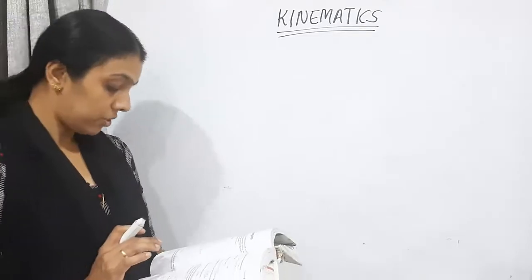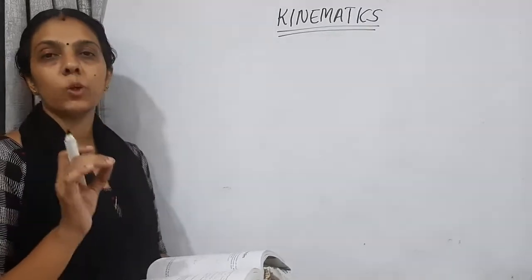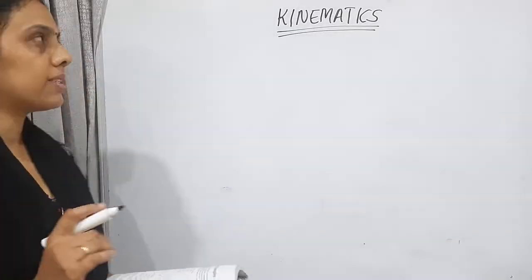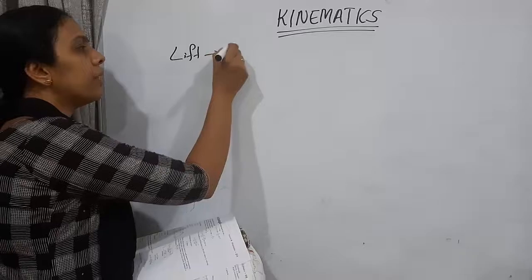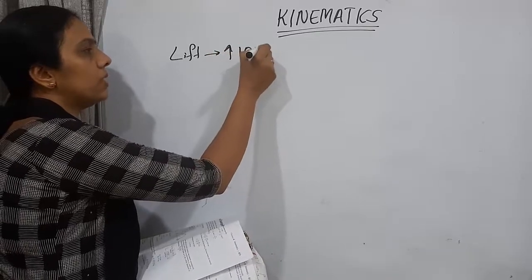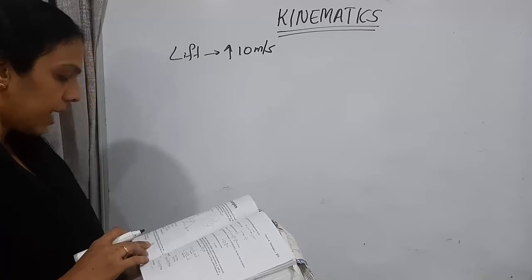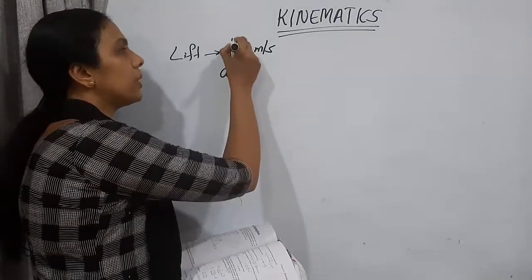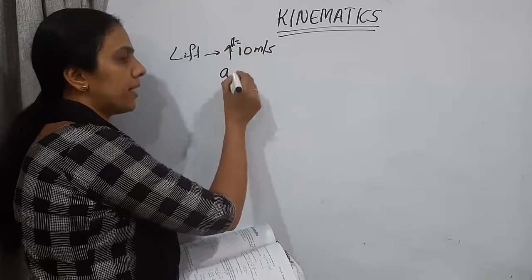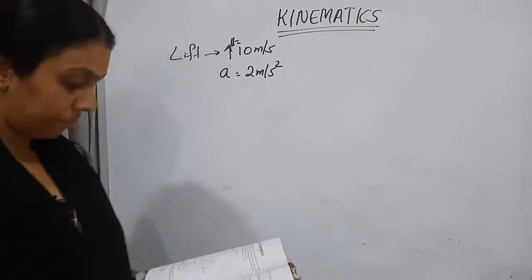So in this question, an open lift is moving upwards with a velocity of 10 meter per second. It has an upward acceleration of 2 meter per second square. So the initial velocity is 10 meter per second, acceleration is 2 meter per second square.